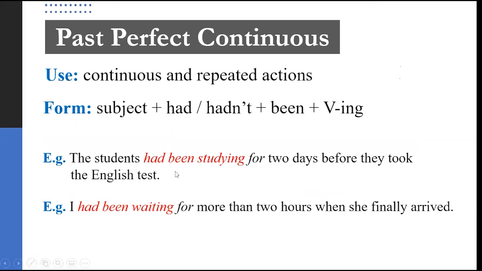Let's take an example. The students had been studying for 2 days before they took the English test. Who can identify for me now in this sentence? Where is the time expression? وين الكلمة اللي دالة على ال past perfect? Just the first sentence.